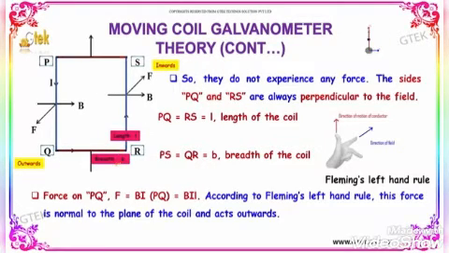Force on PQ, F is equal to BIL. According to Fleming's left-hand rule, this force is normal to the plane of the coil and acts outwards.